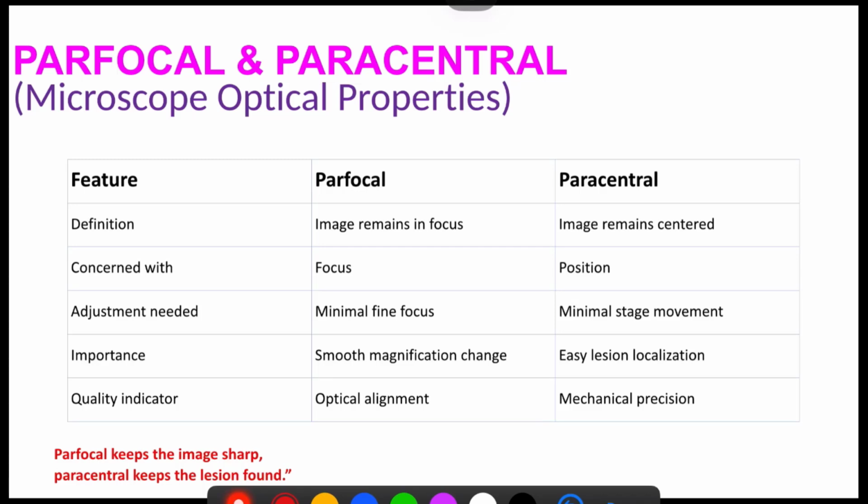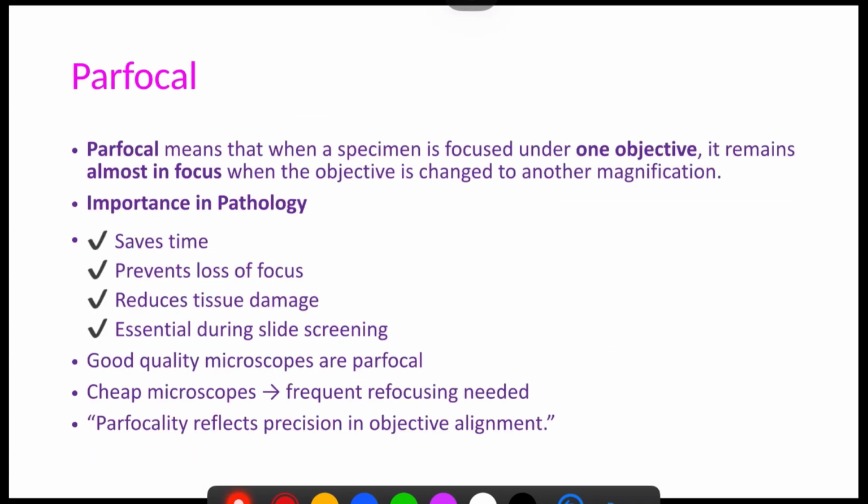So how will you judge whether these optical properties are good or not? These are the parfocal and paracentral properties. Parfocal means the image remains in focus and stays sharp, and paracentral means the image remains centered and keeps the lesion in view even if you change your objective.